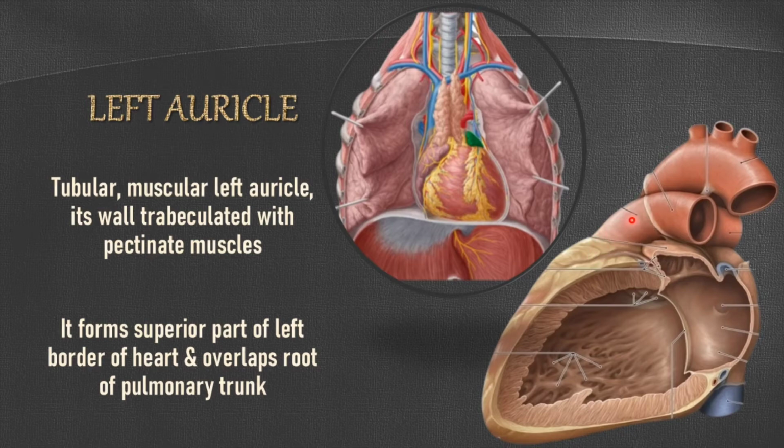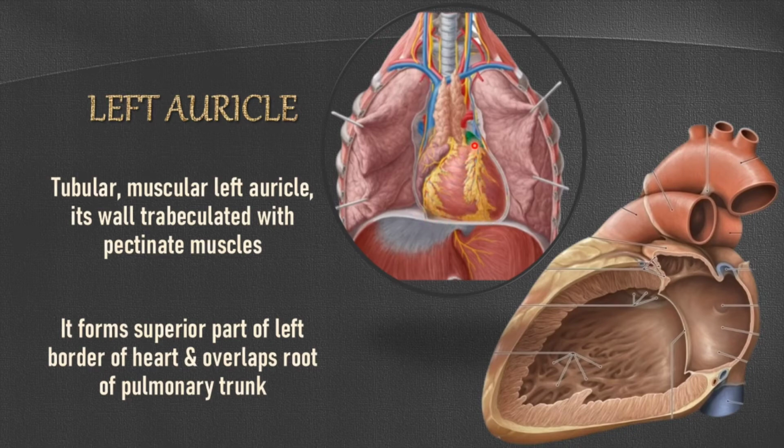This is the pulmonary trunk, right? Root of the pulmonary trunk is overlapped by this auricle, and this auricle forms the superior part of the left border of the heart. This is the right border of the heart, this is the left border of the heart, this is the diaphragmatic border of the heart, and this is the left pulmonary surface, this is the right pulmonary surface, anterior surface, and this is the diaphragmatic surface.